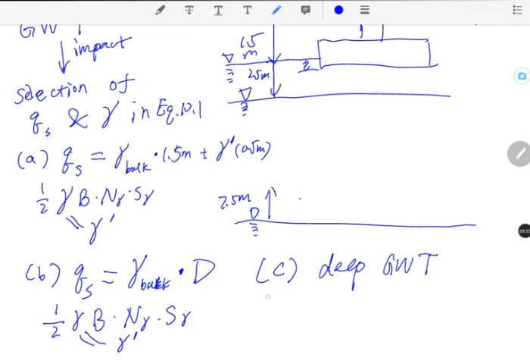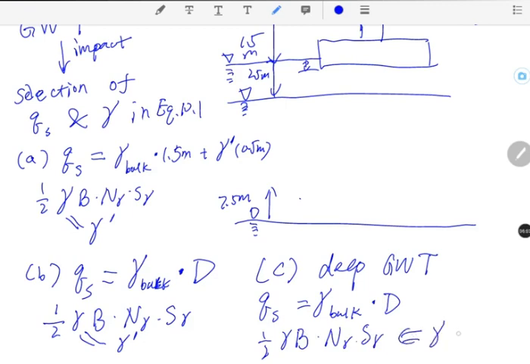So we're going to use QS as the bulk unit weight of dry sand times the embedment depth of the footing, and for the gamma term in equation 10.1, we use the dry unit weight.